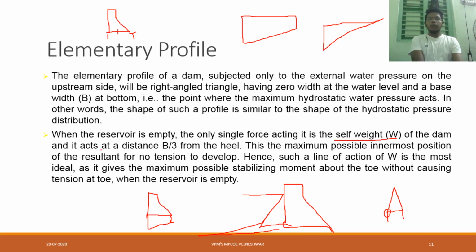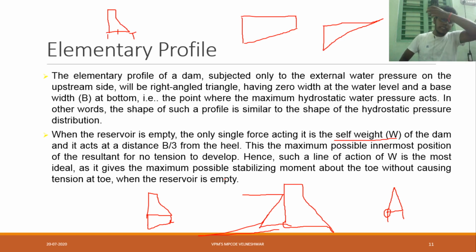From the heel, it is the maximum possible innermost position of the resultant for no tension to develop. If we had a rectangle, we would provide it exactly at the center. As it is a right angle triangle, we can't provide it at the exact central location. That's why we say possible location. It may be at 1/3 or at 2/3.